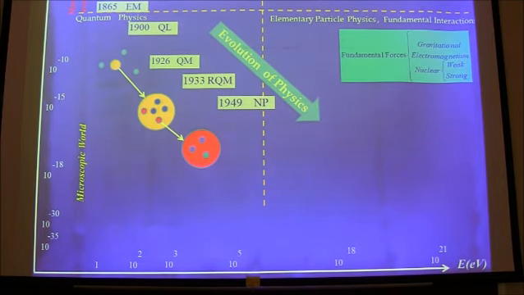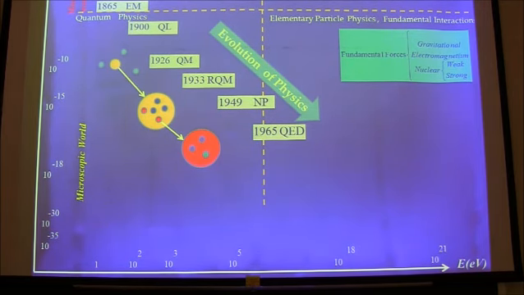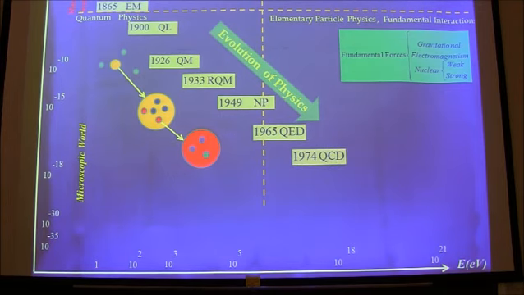So there are subjects that study the fundamental interactions. We have the Nobel Prize of 1965, quantum electrodynamics, that describes the interaction of light with fundamental particles, well, I should say radiation with fundamental particles. We have quantum chromodynamics. This world is really complicated, really involved.